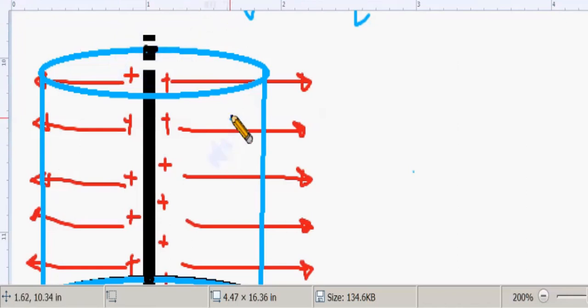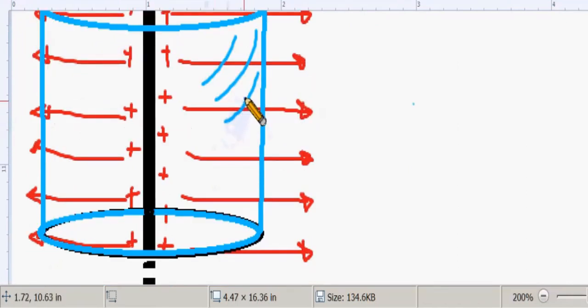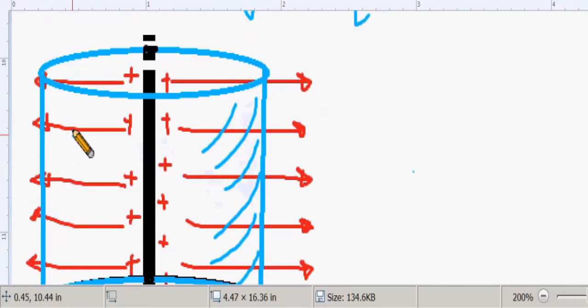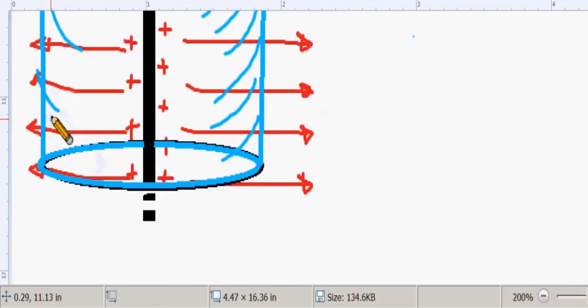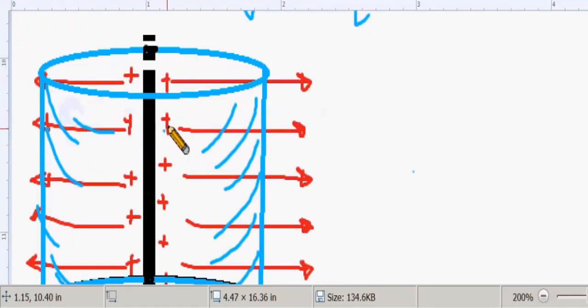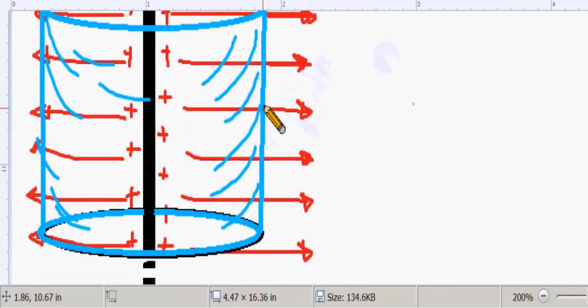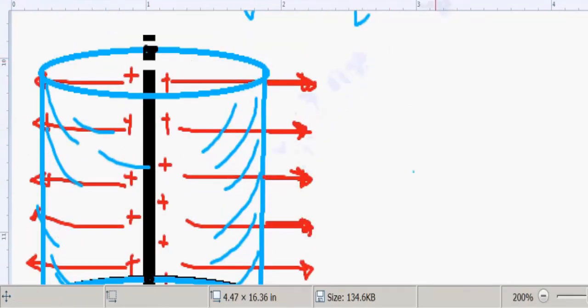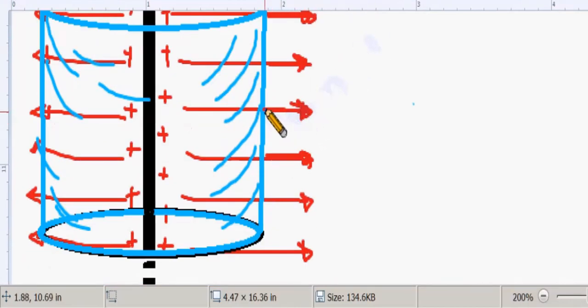So the surface is this. Think about a cylinder, you can think of a tin container, just like this, the surface. So the force lines penetrate through this surface like this. So we have to find out the field strength on this surface.